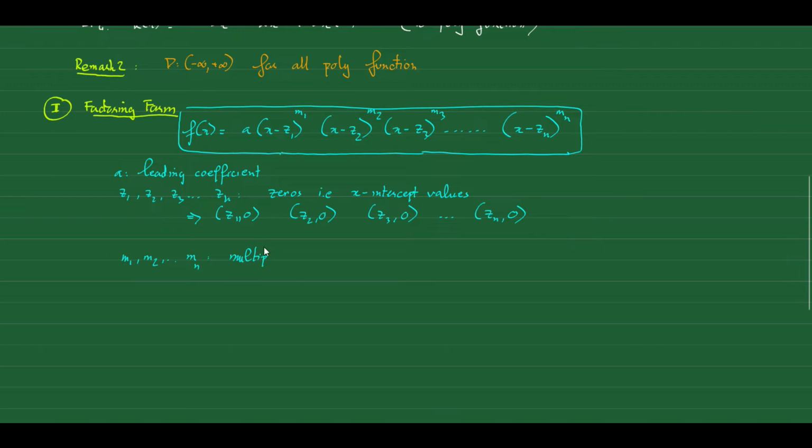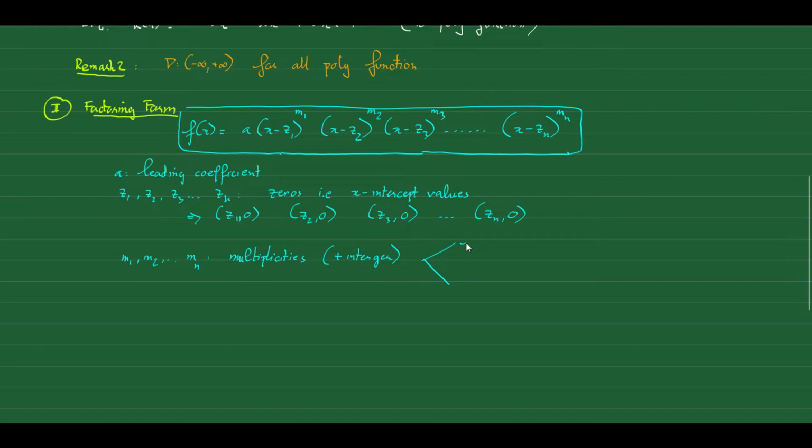Yeah, I never mentioned this. The multiplicity must be a positive integer, and it could be even or odd.